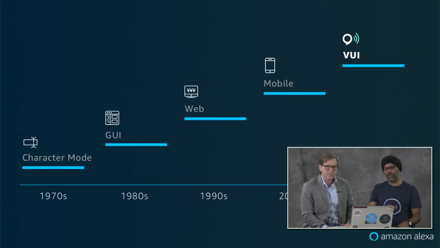The reason this slide is interesting to me is because it shows how these interfaces accrete or build on top of each other. We're still using keyboards. Pull out your Android or iOS phone and bring up an editable text box, and you'll still see the same QWERTY keyboard that's attached to your laptop or desktop. Obviously, mice are still a thing, although many of us like to use trackpads, me included. The web's very much around, and mobile obviously is everywhere. So everything sort of builds on top of each other.